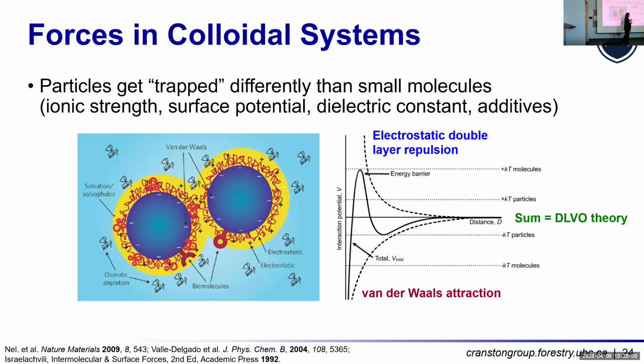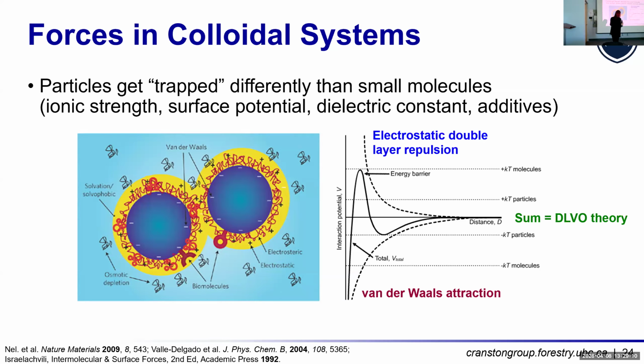A negative force is an attraction, a positive force is a repulsion. The combination of van der Waals attraction and electrostatic double layer repulsion adds up to DLVO theory. DLVO stands for four guys' names: Derjaguin, Landau, Verwey, and Overbeek, but everyone just calls it DLVO theory.